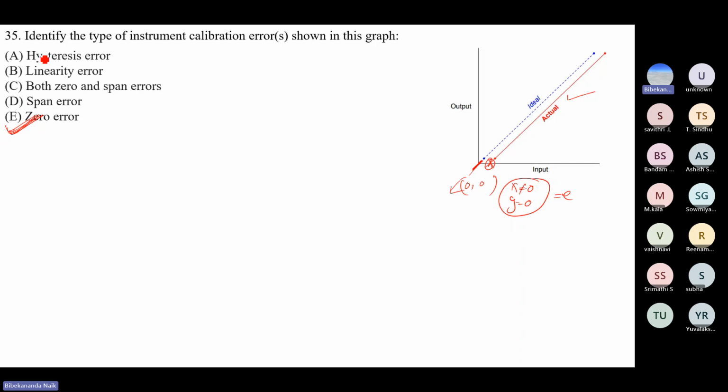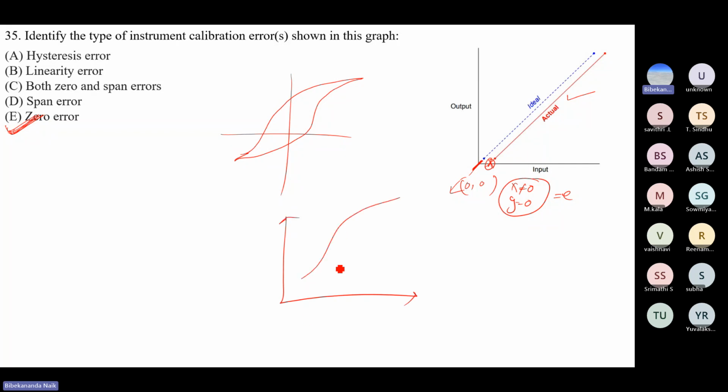Another error is hysteresis error. You must remember there is a hysteresis loop. When we are increasing the field, it goes one way, but when we are decreasing, it will not come back the same way. It will come in a different way. Suppose you are taking two calibrations. When we are increasing the value of X, the output is increasing in this way.